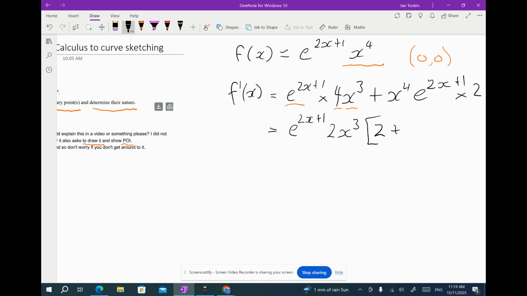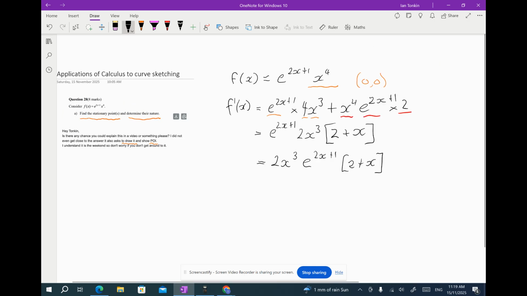And if I do the same thing here, what have I taken out? I've taken an x cubed, a 2 and an e to the 2x plus 1, so I'm only left with an x. So the first differentiation isn't that hard. All right, we'll just tidy it up: 2x cubed e to the 2x plus 1, times 2 plus x. And I've got it fully in factorised form.